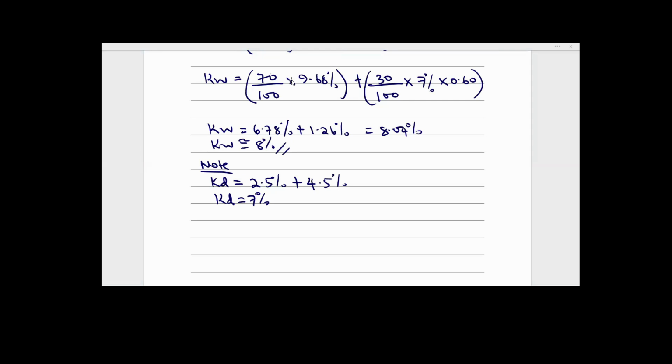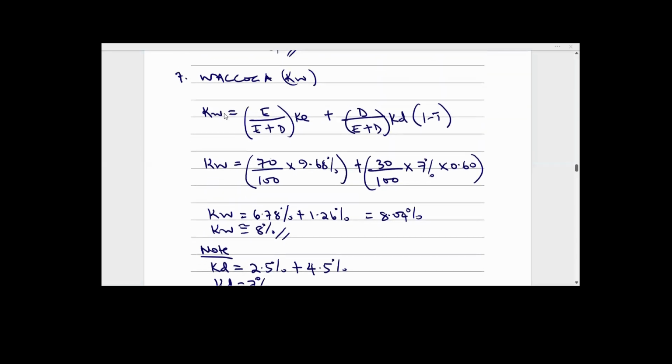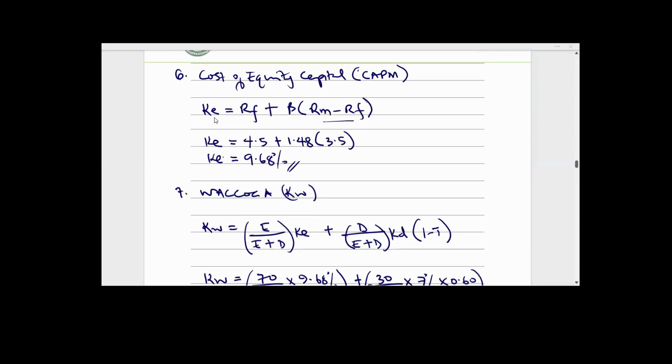Okay, while solving the CAPM part, step 6, I noticed that from that formula we have the market return minus risk-free rate, but we did not subtract 4.5 from this 3.5. So why did you use only 3.5? No, I've already explained it. That's why I put this dash here.